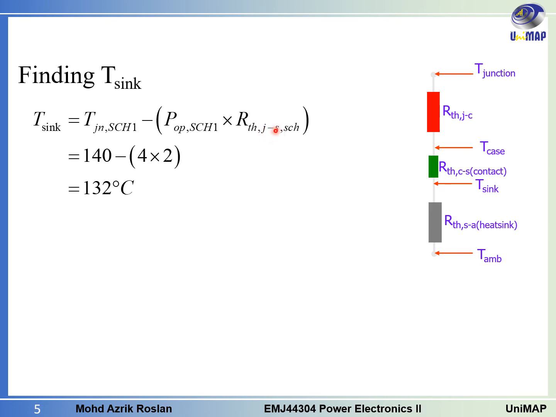The S is heat sink. Then we have this value of Rth. For this case we have 140 minus the power here is 4 multiplied by 2, the value given in the question. So the value that we get for T sink is 132 degrees C.